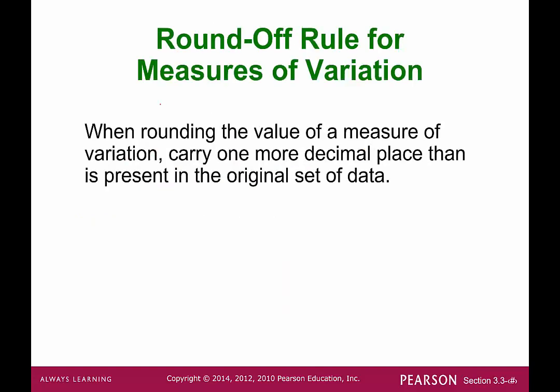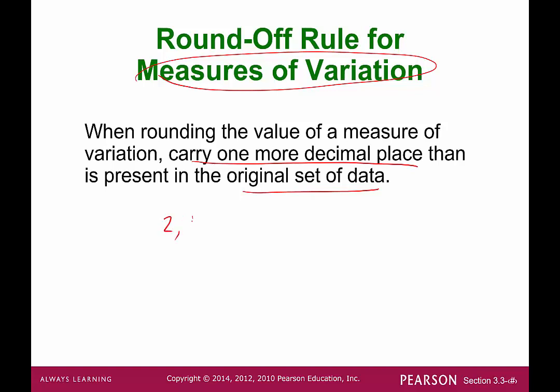And a rounding rule for measures of variation: we typically carry one more decimal place than the original data set. Meaning if the original data set was presented as whole numbers, then the standard deviation or variance should be rounded to one decimal place.